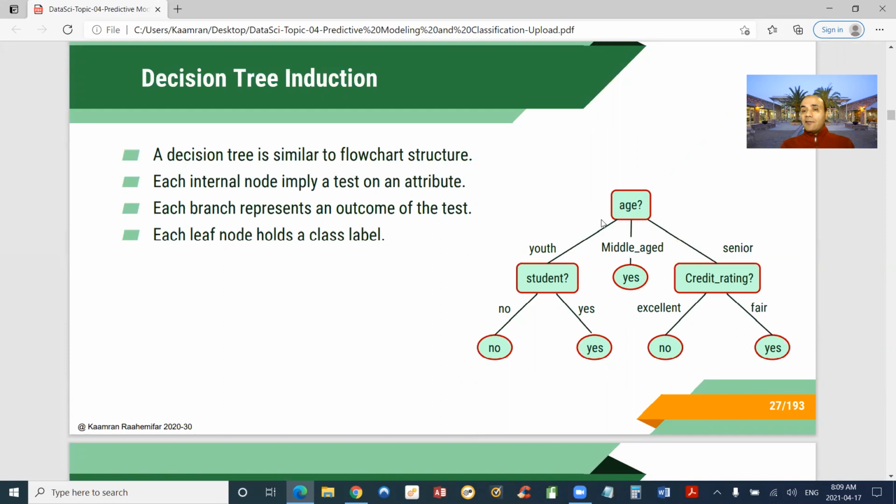Under the age, as you can see, these branches are related to the age. This no and yes are related to the student. This excellent and fair are related to the credit rating. This is the way we would like you to establish your decision tree. The branches are related to the node, the top node that we have. The same goes here and here.